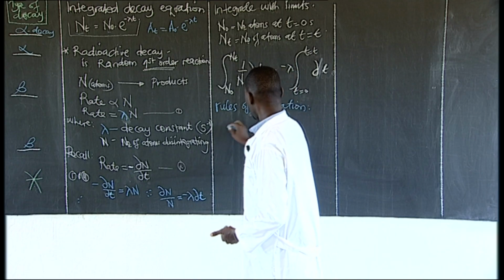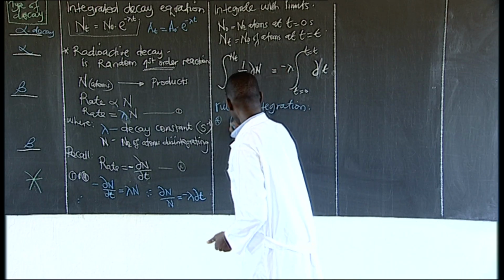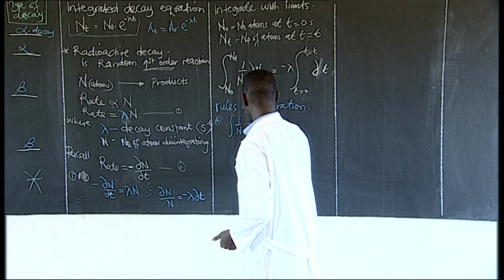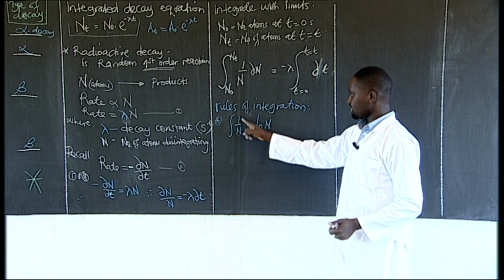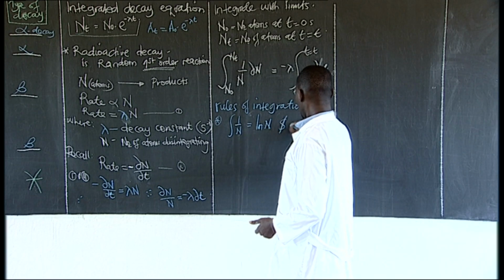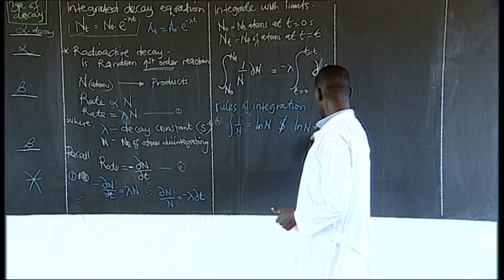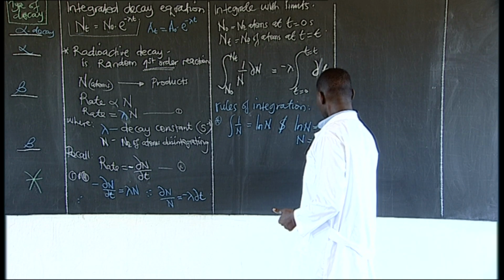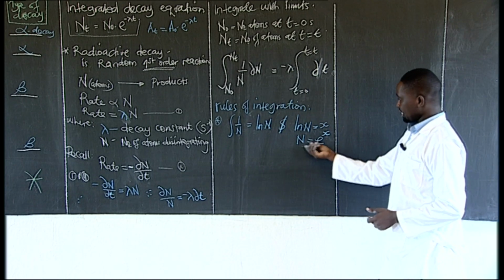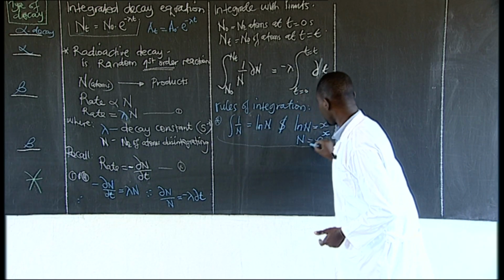The first rule we are going to use is, integrating 1 over N gives ln N. And the second rule: if you have ln of a number equaling x, that implies the number is equal to exponent power x, or e power x. So we have these two as our rules of integration.